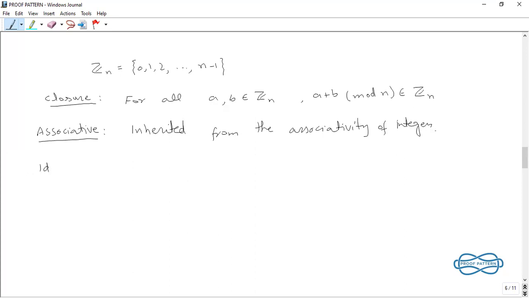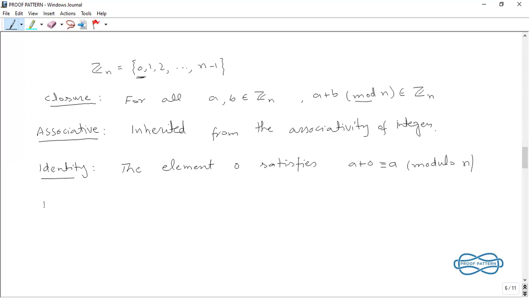Then identity: it is very clear that 0 will play the role of identity. The element 0 satisfies a plus 0 is congruent to a mod n. In short form, we write modulo as mod.